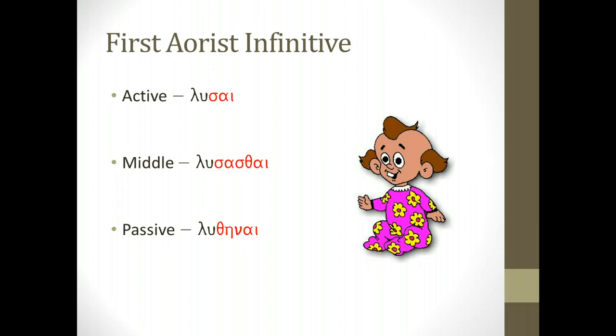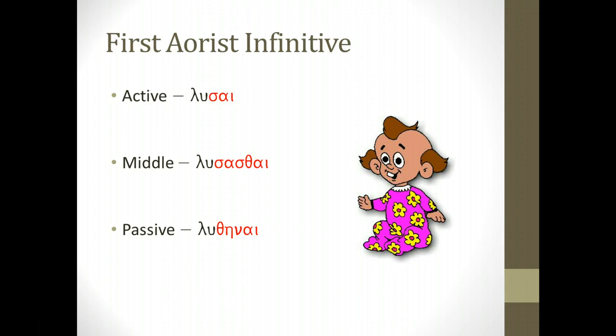Notice one thing, though, here in your translation: lusai is not going to be translated in the past tense. You're not going to say, for instance, to loosed. The translation is still going to sound present, so lusai will be to loose. Lusasthai would be to loose for yourself, and luthenai will be to be loosed.